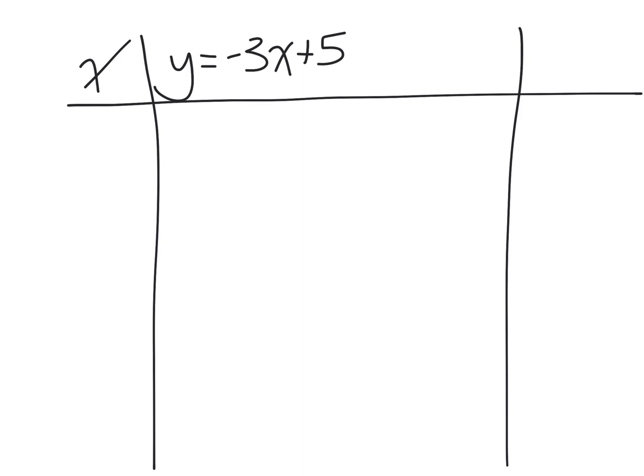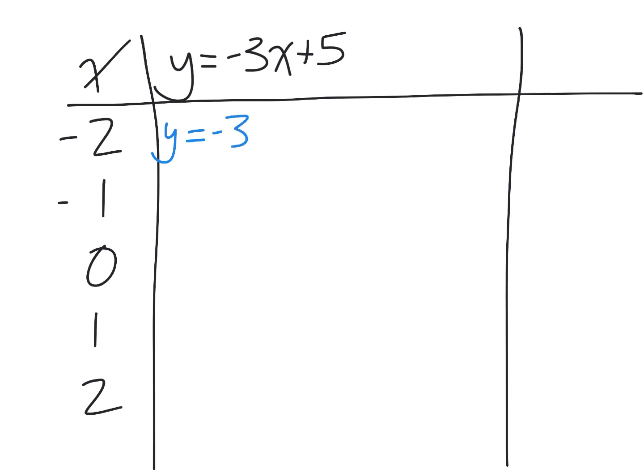I've made my table of values. I've written in my equation from the last slide. First I'm going to pick some x values: -2, -1, 0, 1, 2. Those are a good set of x values. I'm next going to substitute into my equation.